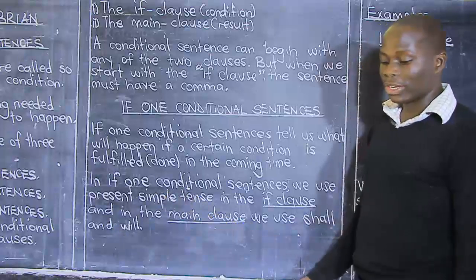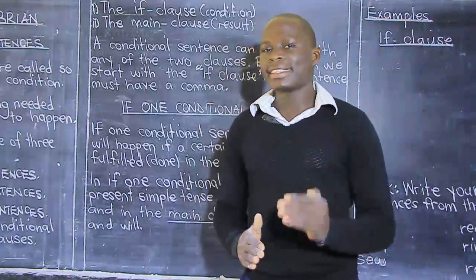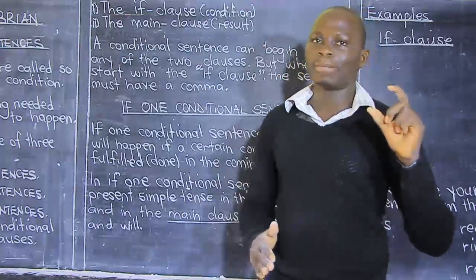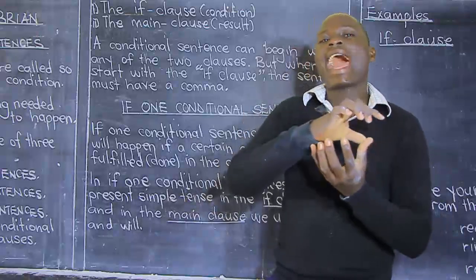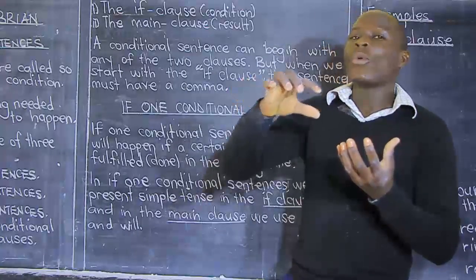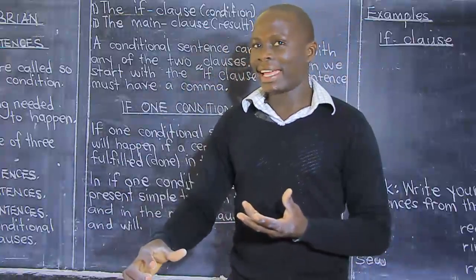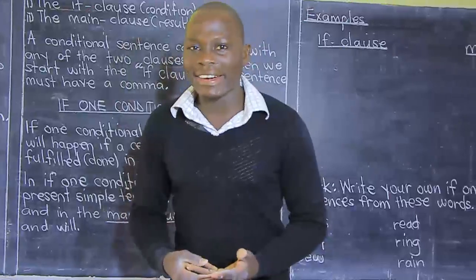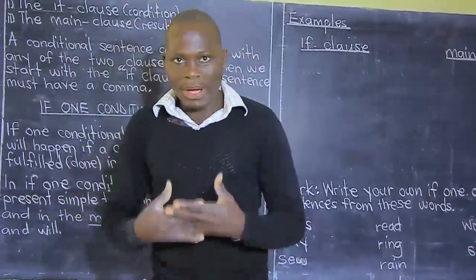In if one conditional sentences, we use present simple tense in the if clause. That part of the sentence which has if, we use present simple tense under if one. Then the main clause, in most cases we always use the future simple tense.